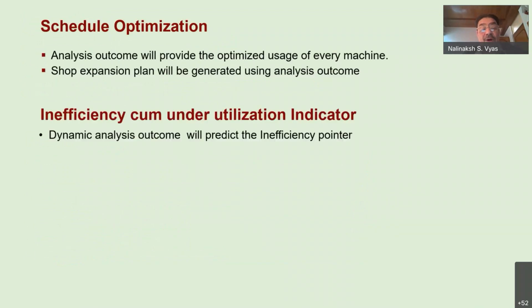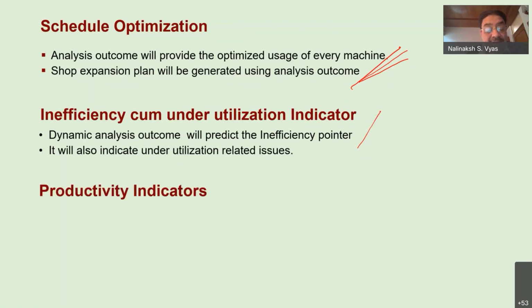Then schedule optimization I will talk about slightly later. I will be able to finish it in another 10 to 15 minutes. So we will do schedule optimization. Then indicators like utilization indicators and productivity indicators can be built.